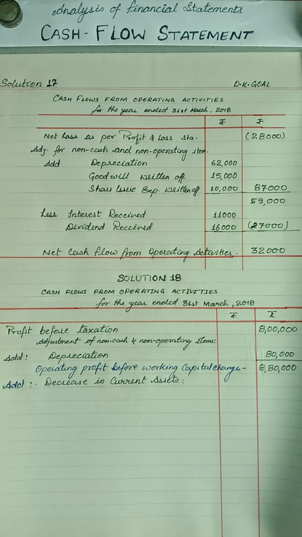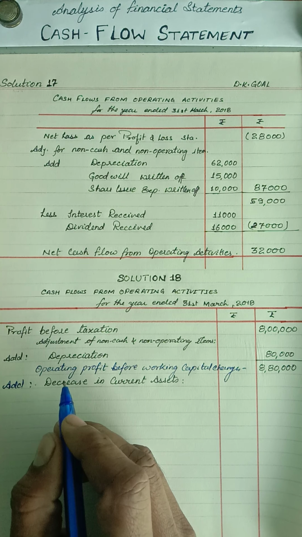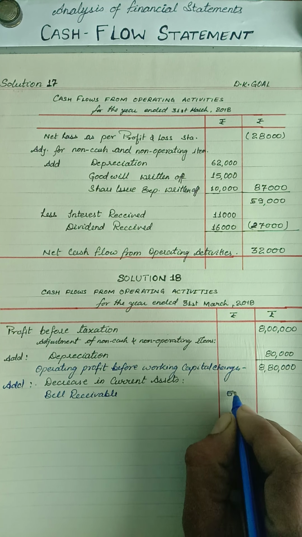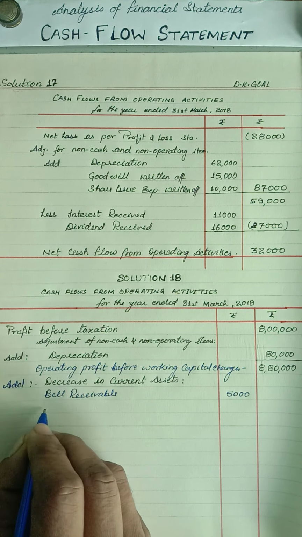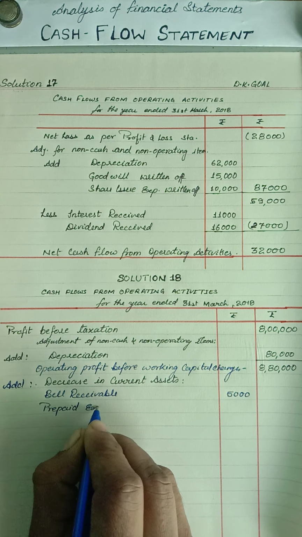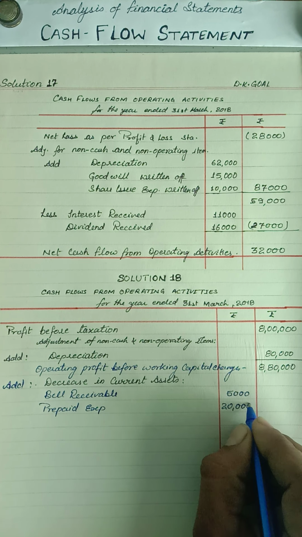You can see that bills receivable has decreased and prepaid expenses have decreased, and here we have to add the decrease in current assets, both the assets. So we will write here bills receivable, 5,000 rupees. Another one is prepaid expenses, 20,000 rupees.